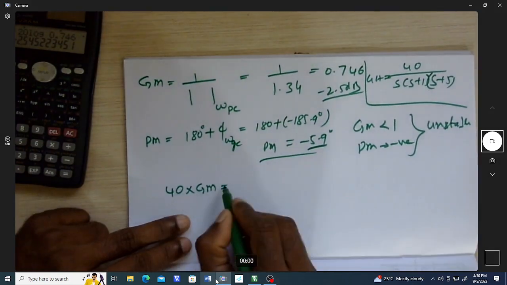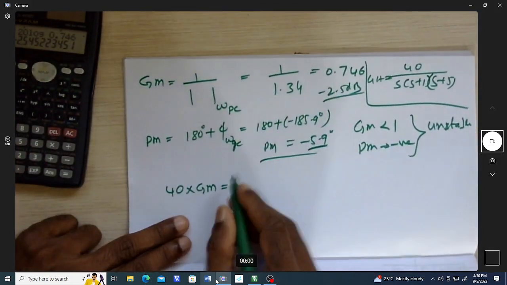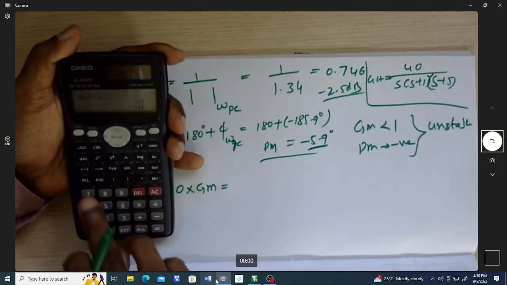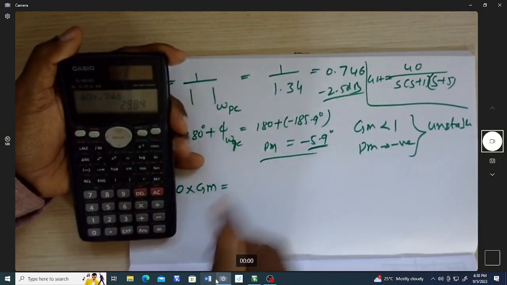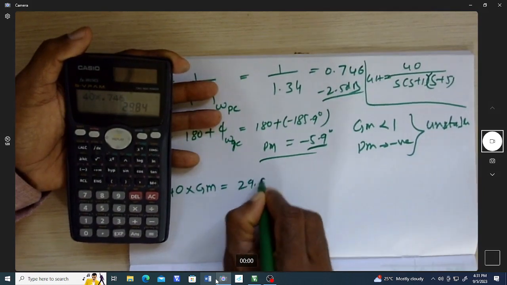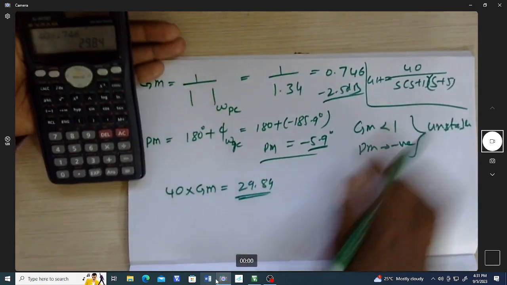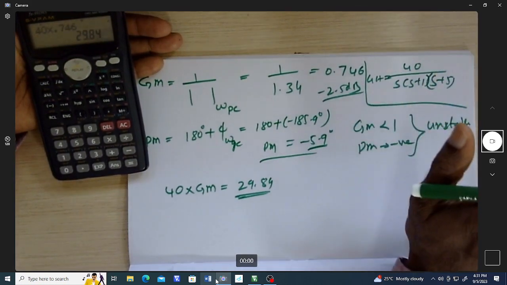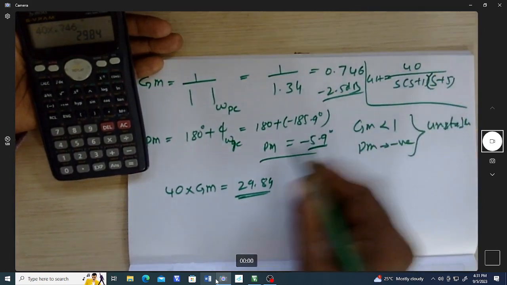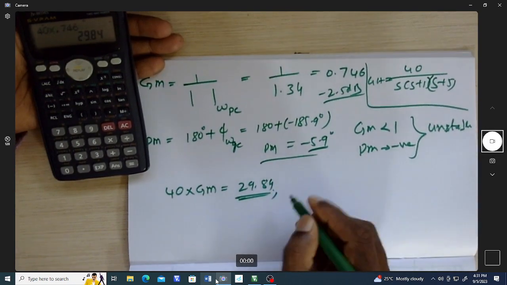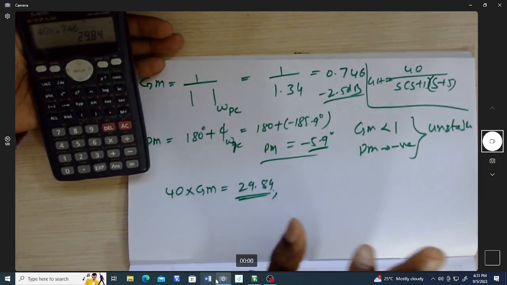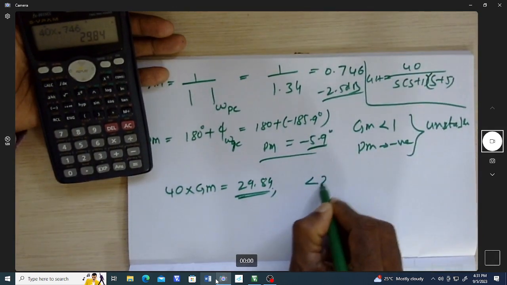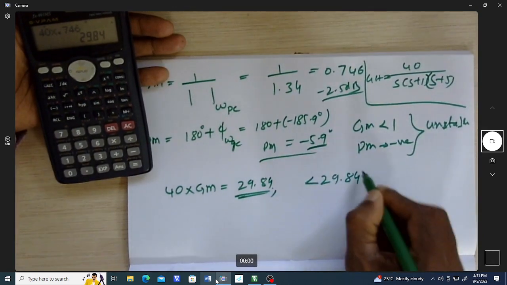That is 40 into 0.746, which is 29.84. If this becomes 29.84, then the system is oscillatory. When will the system be stable? If this gain is less than 29.84, then the system is stable.